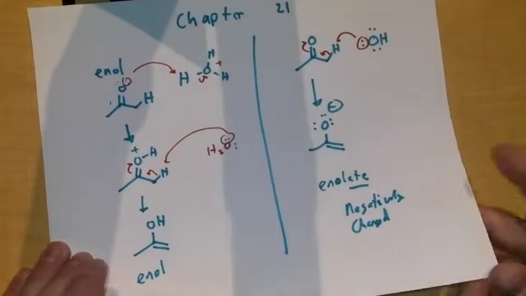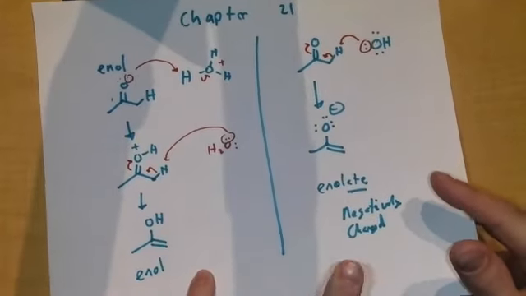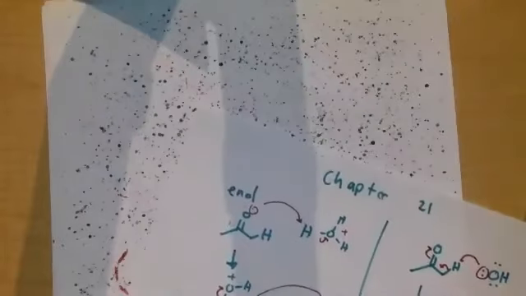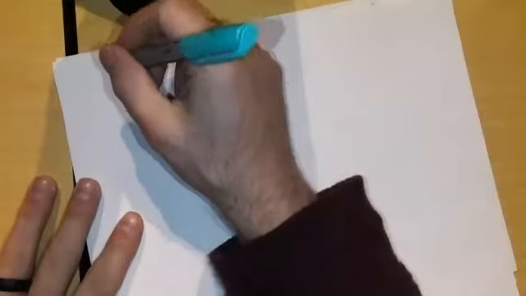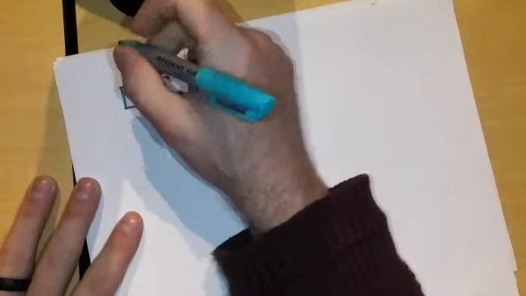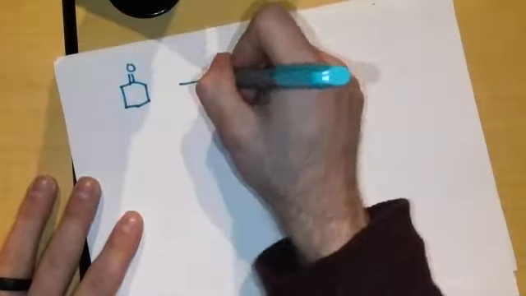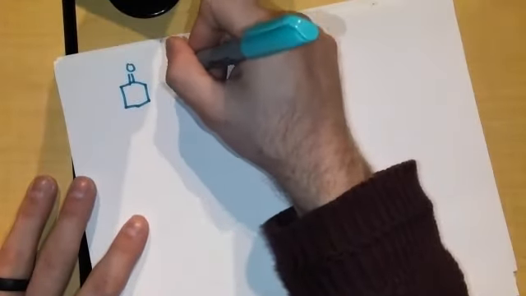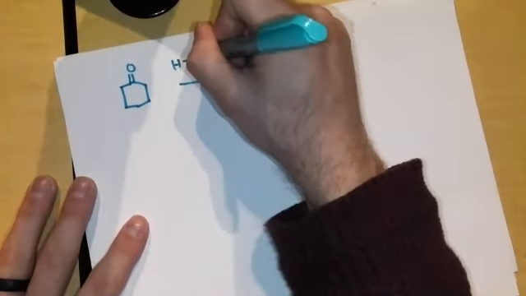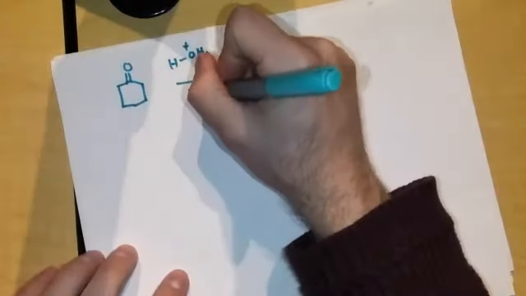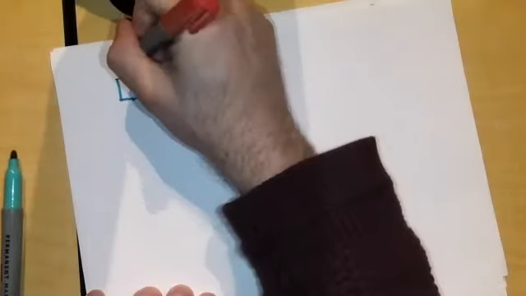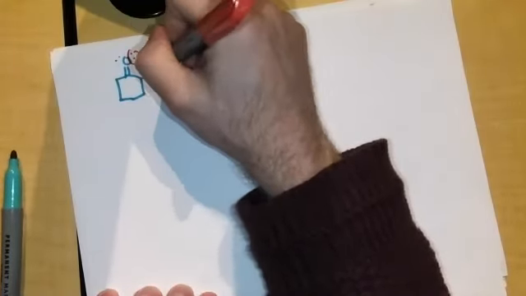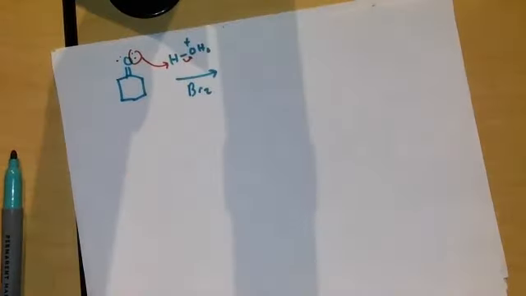So there are some reactions we can do with these. I'm going to do one of them today with both the enol and the enolate. Let's start with the enol one. And we're just going to halogenate it. So if I take cyclohexanone here, throw in H3O plus, Br2 or Cl2, we can pick up an H here.